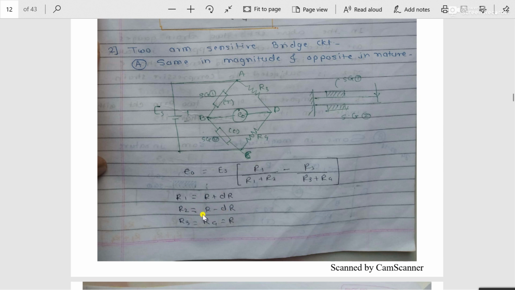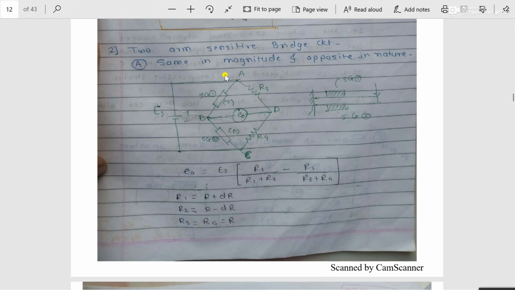Again this capital R represents the resistance of strain gauge 2 before application of load, because before the application of load all the resistances have the same value. Therefore this R is common in the R1 equation and similarly in the R2 equation, and this delta R represents the change in resistance after the application of load.